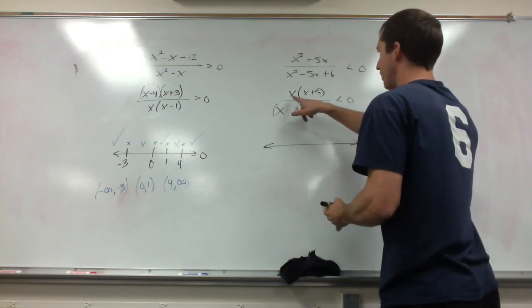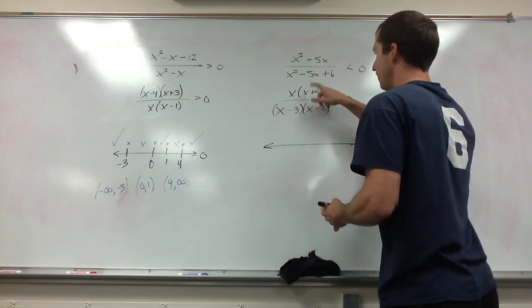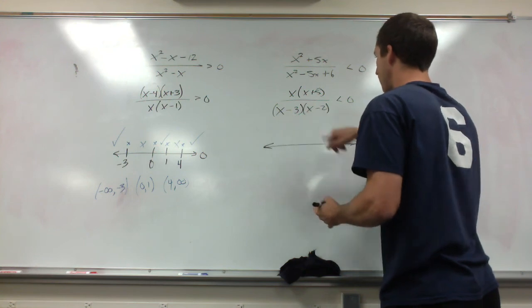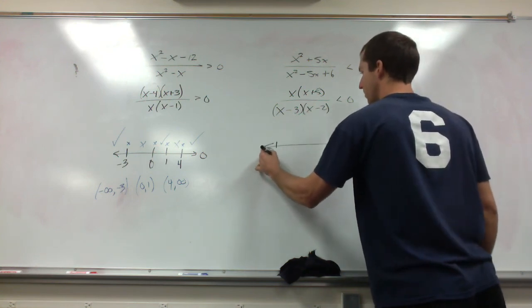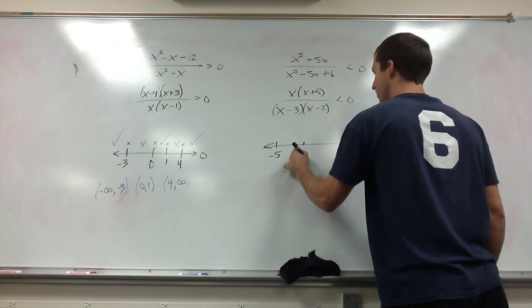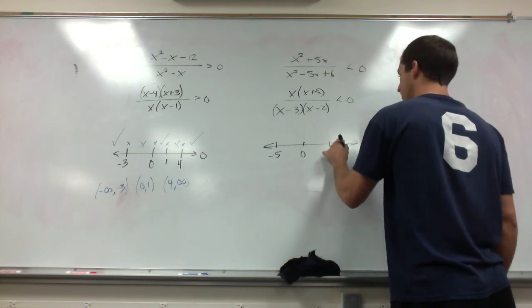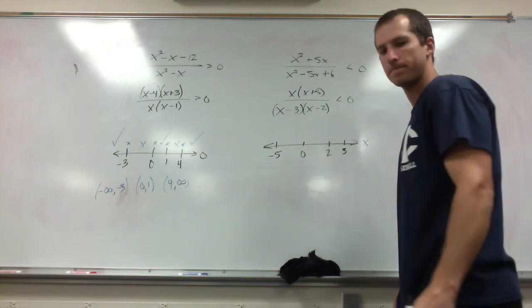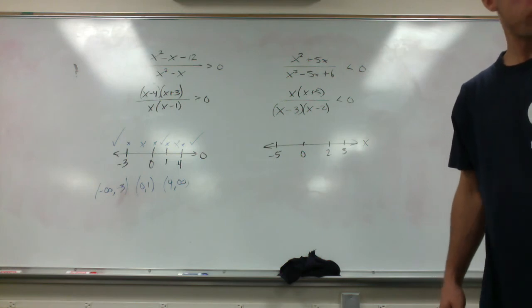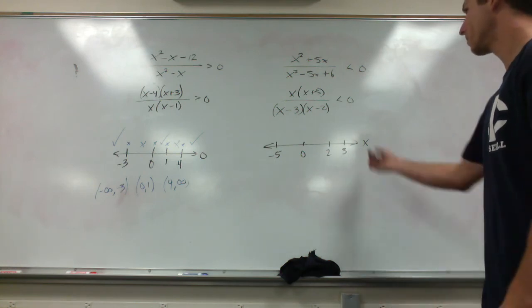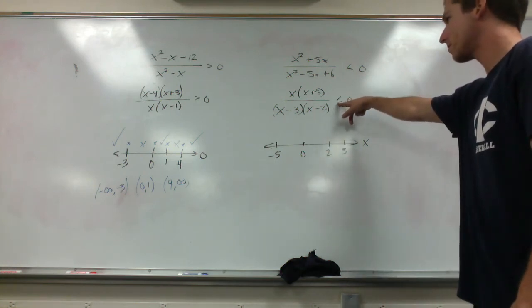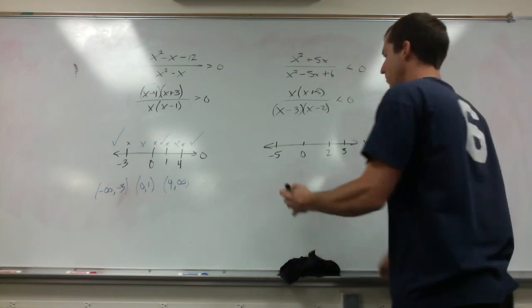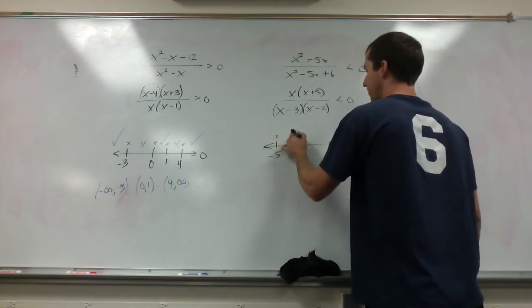So my boundary points are 0, negative 5, positive 3, and positive 2. Again, this one's strictly less than, so I know none of these boundary points are going to be part of my solution.